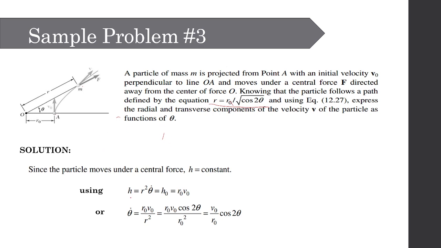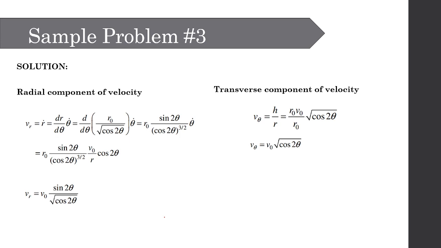So using this equation, for the solution, v_r is just r dot, which is equal to the derivative dr/d theta times theta dot. It's just equal to r_0 times sine 2 theta over cosine 2 theta raised to 3/4 times theta dot.